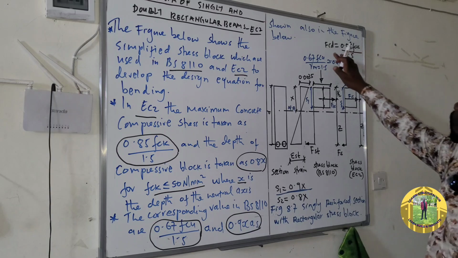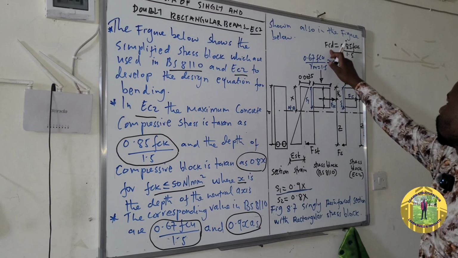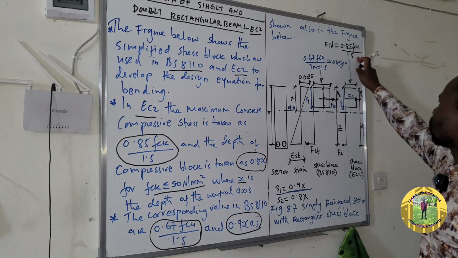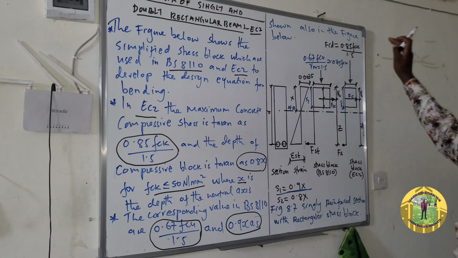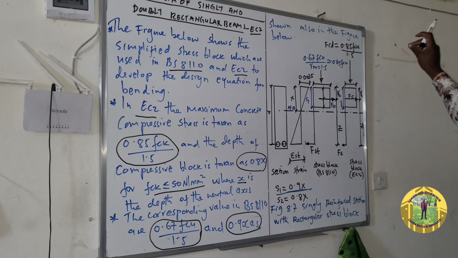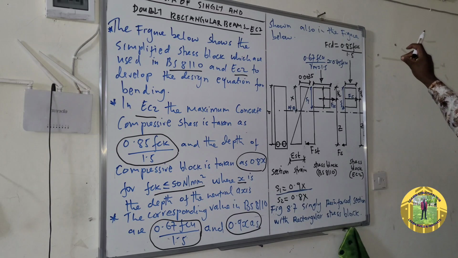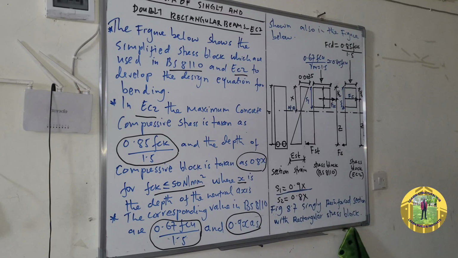So for this stress block, this distance is the maximum compressive stress. So FCD, which is the design compressive stress, is equal to 0.85 FCK over 1.5. Again, we talked about this in session 4, if you can remember, it is the same thing.